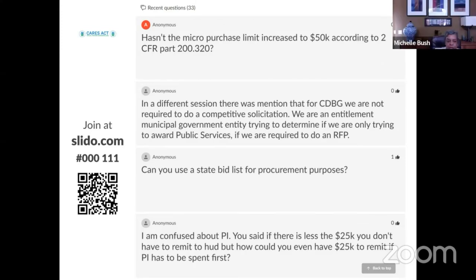Can you use a state bid list for procurement purposes? Well, there are certainly times when you can, but the first question that you have to look at is whether or not the process of putting together that list followed the federal procurement requirements or the requirements of the state, because states do have options to not necessarily specifically follow 2 CFR Part 200, but to have policies and procedures and requirements that align to it as defined by their own purchasing documents.